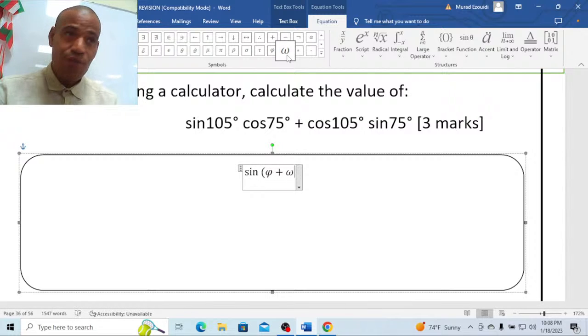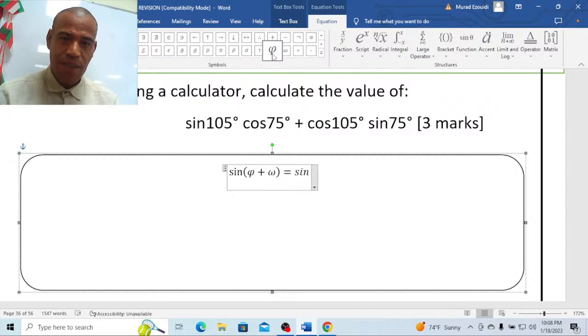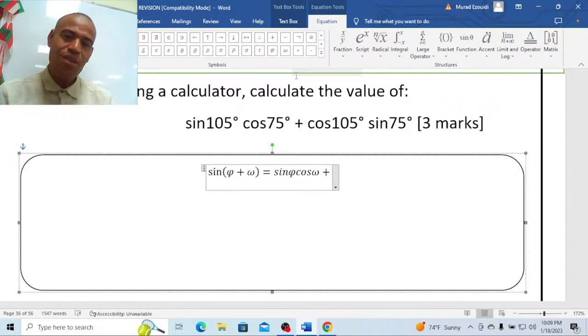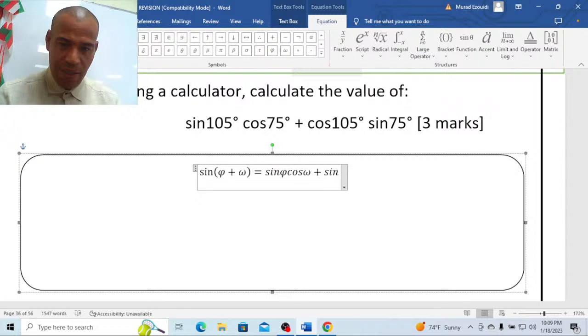Therefore, I will just write this as sine psi times cosine, plus sine phi, plus sine psi times cosine phi.